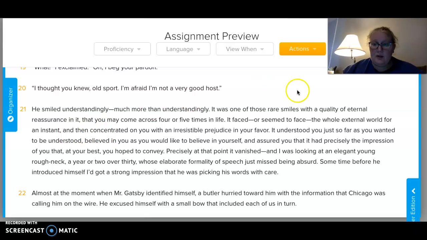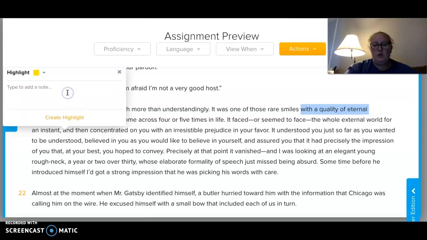So we're going to look here, and it says, with a quality of eternal reassurance, we're going to say, Nick starts by talking about all the positive things that he feels when Gatsby smiles at him.